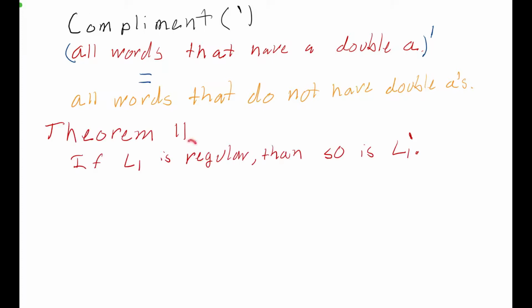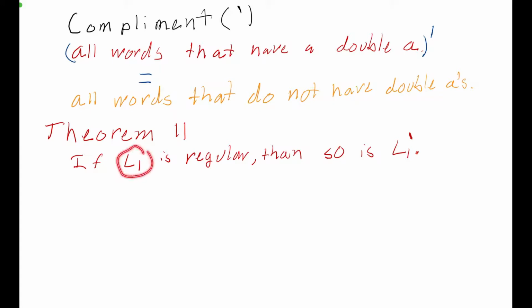So what Theorem 11 says is, if L1 is a regular language, then so is the complement of L1. And we'll go over the proof in a little bit, but just so you know what this means, L1 being regular means that it can be defined by a regular expression, a finite automata, and a transition graph.